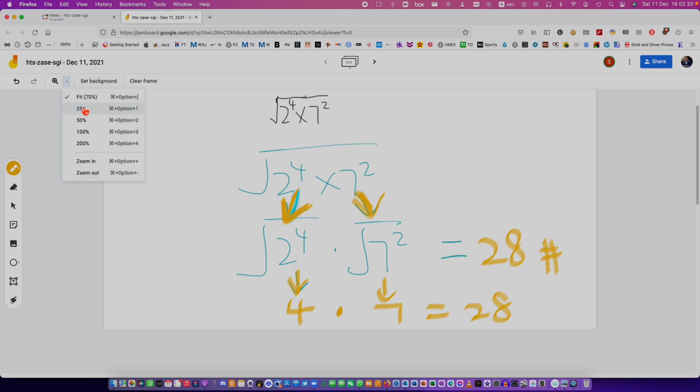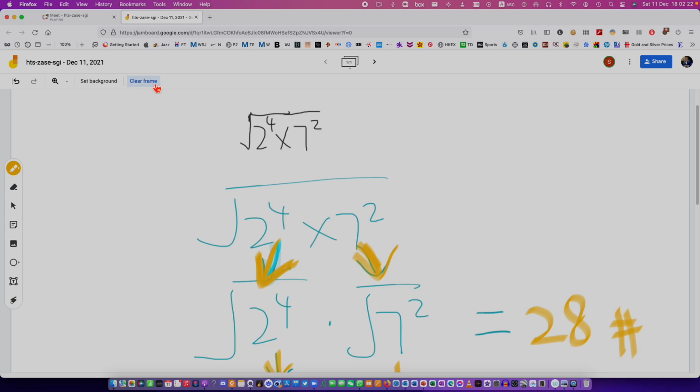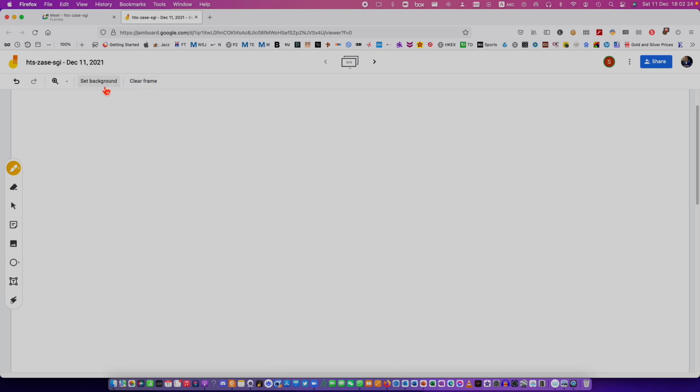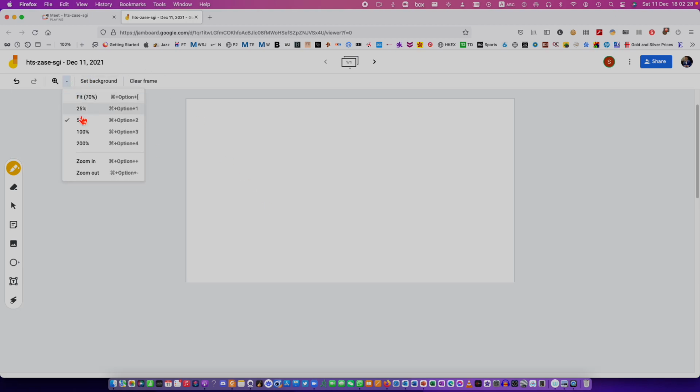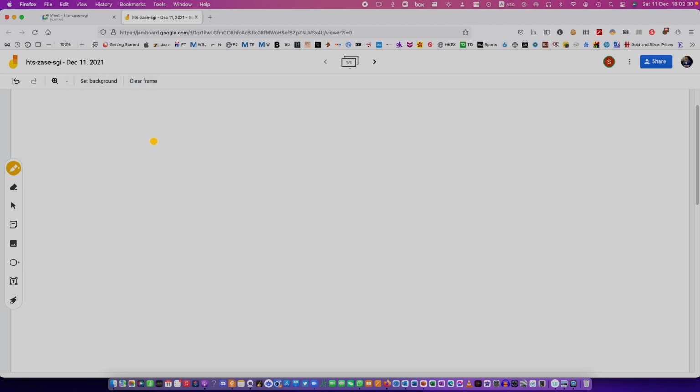Okay, good. So let's do one more. Clear frame. Let me just make it the default size. So let's say you have 100. How come you have so much noise from your side?